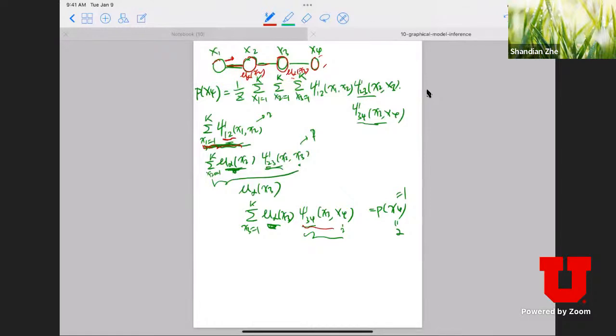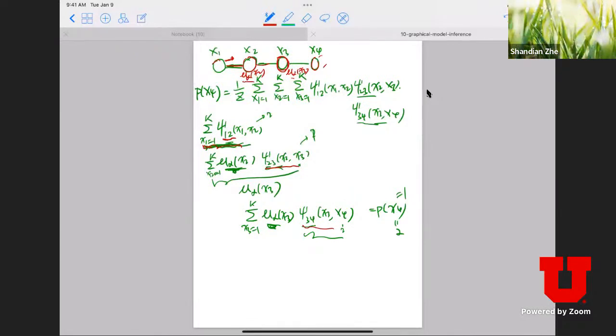Then, given your summary up to x2, which is mu of x2, you multiply with the potential function defined by x2 and the next node x3. You marginalize over x2 and get the next intermediate result, which aggregates the results up to x3.